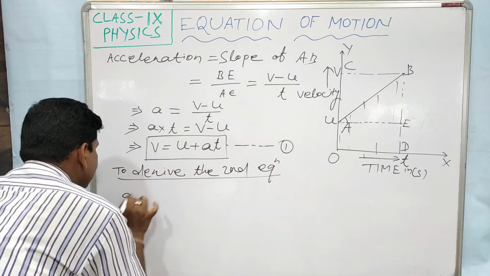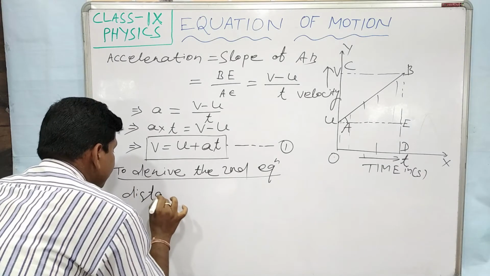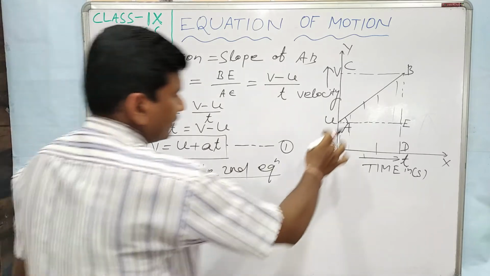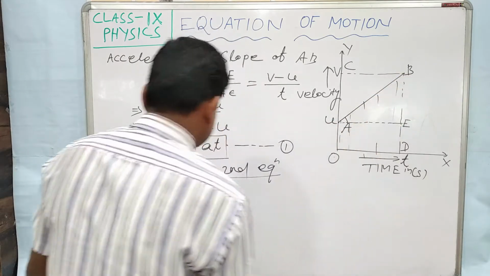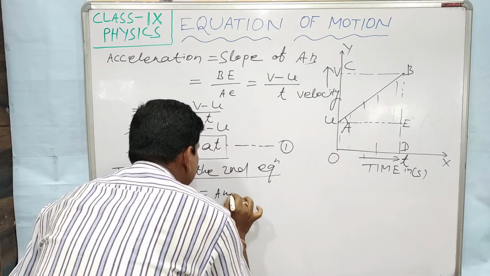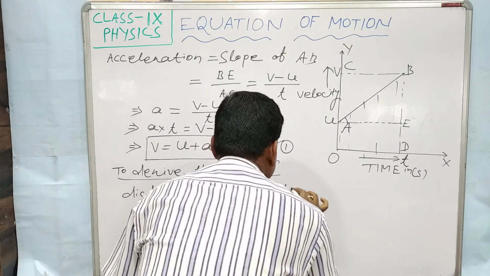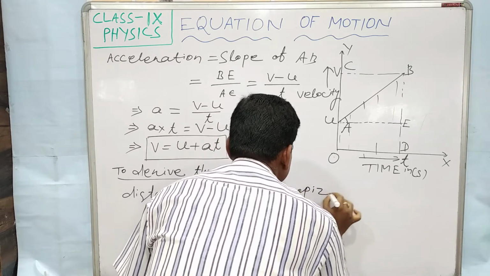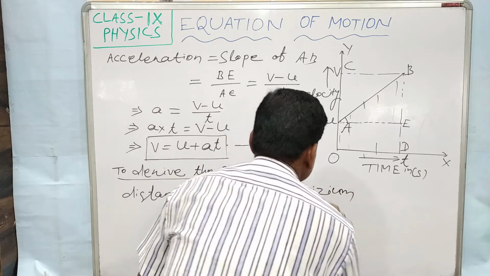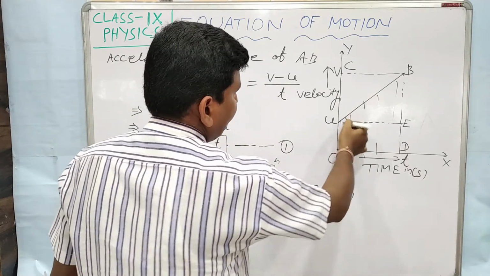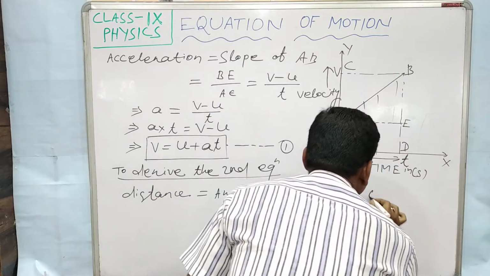So the distance covered is equal to the area of the graph with the time axis. That means the area of the trapezium. Which trapezium is coming? OABD.